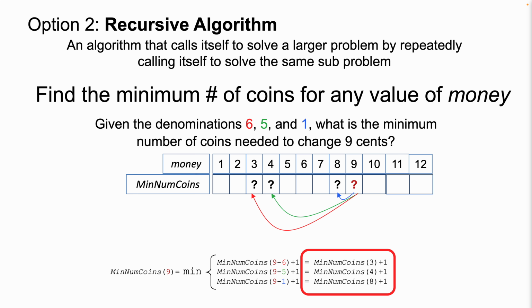Okay? So to get the minimum of 9, I need to get the minimum of all three of these options. And so what I have circled there is what that ends up feeding into: get the minimum coins for 3, 4, and 8.